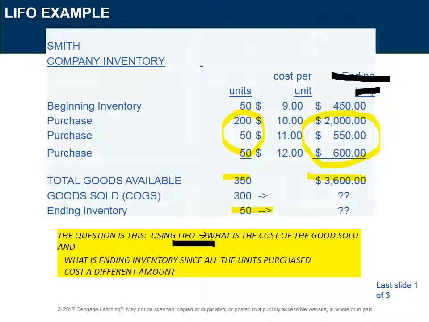Well, it looks like the cost of these is the cost that I'm going to attach to cost of goods sold. And it looks like the 50 that are left over are these 50 at $450. So when we check our work, there's the 450 and there's the 3,150, and the sum of these two is my $3,600.